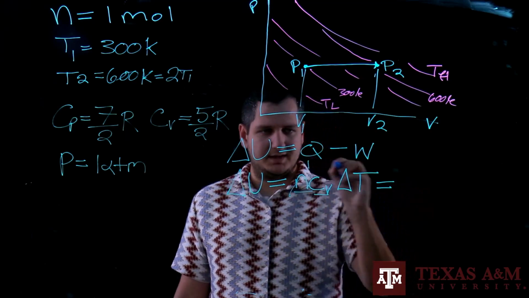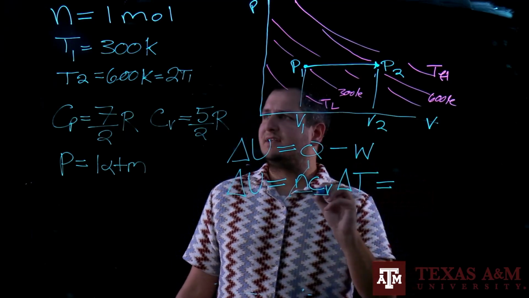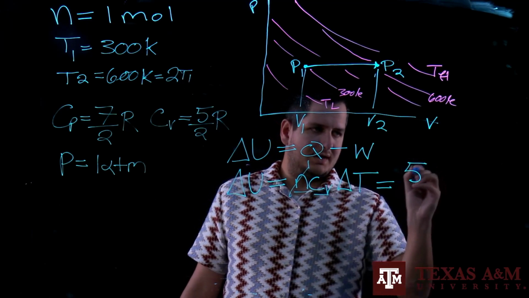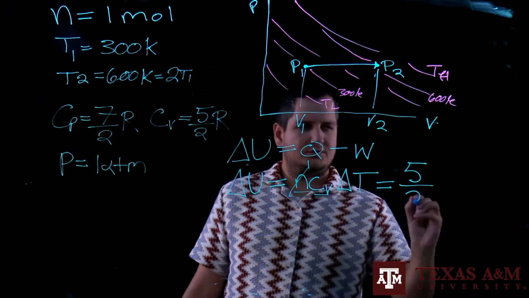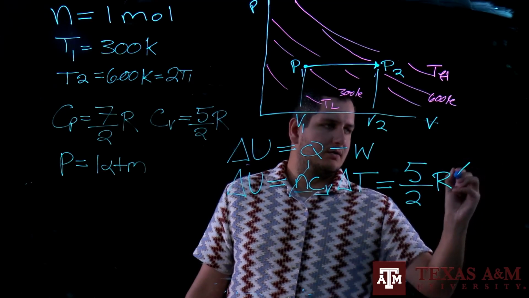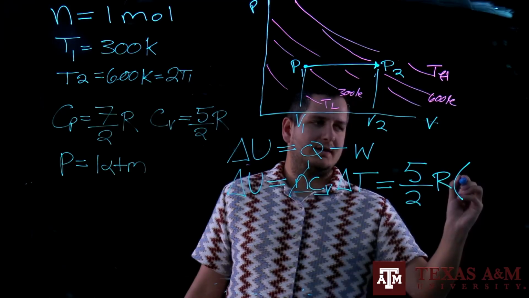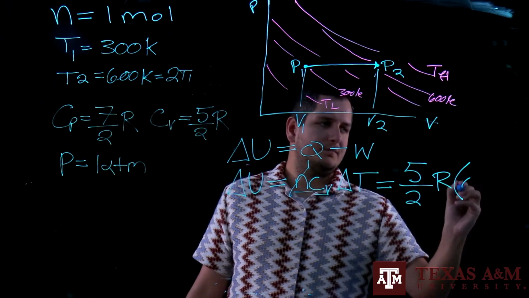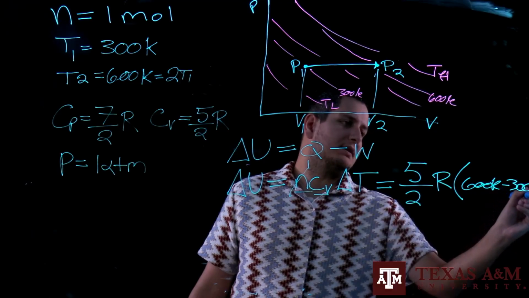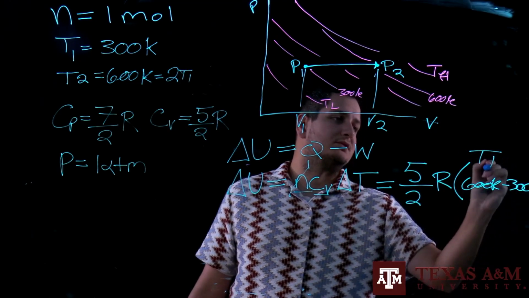So then that ends up being, moles is 1, let's just do that. And then CV is 5 over 2R. And then we know that it is 600K minus 300K. If you wanted to put it nicely in symbols, you could just say T1.